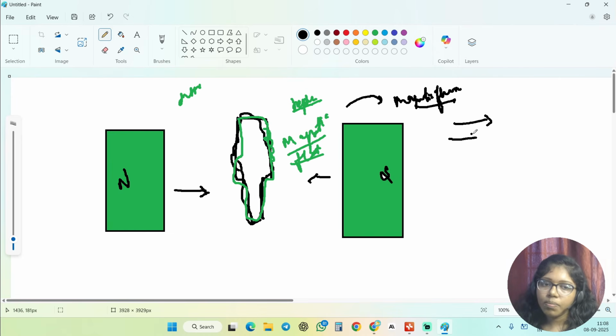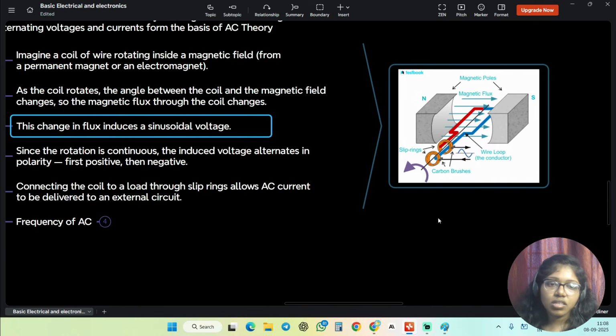Depending on this magnetic flux, the flux keeps changing, right? Because the first time the flux is created like this, and it moves toward like this, so sometimes it is created like this. And the flux changes.